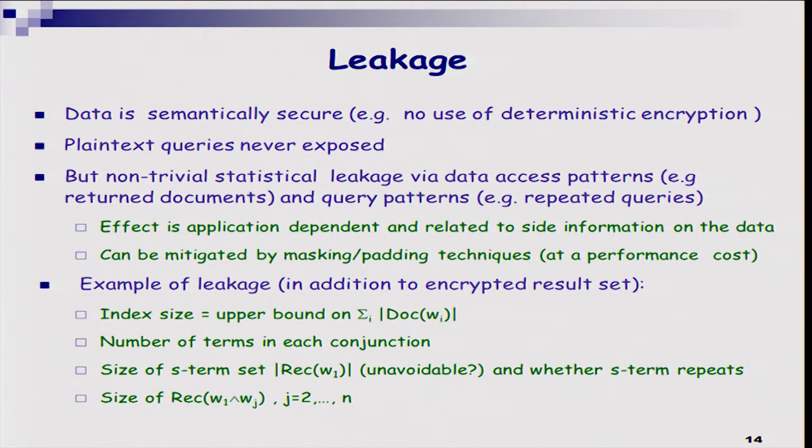It's not a formal claim, and it's a very interesting question to research. We are getting some progress there, but still at this point it's a conjecture. And we also give the size of the intersection between W1 and each of the Wj. So this is definitely not trivial leakage, okay? But on the other hand, it is certainly much less than if you were giving plaintext data or using deterministic encryption.